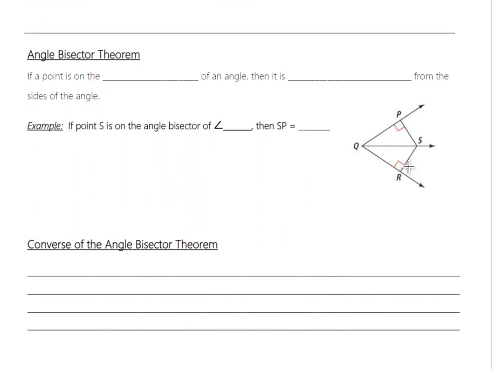Angle bisector theorem: if a point is on the bisector of an angle, then it is equidistant from the sides of the angle, measured along the same angle.